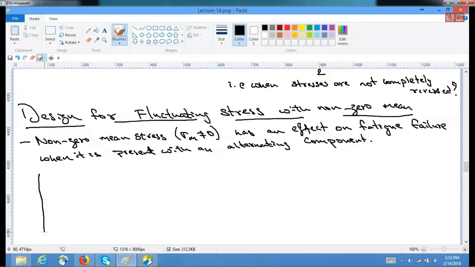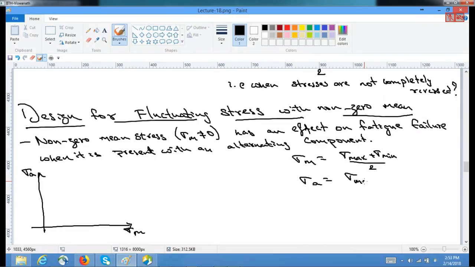So if we plot sigma A and sigma M, where sigma M is equal to (sigma max plus sigma min) by 2 and sigma A, the amplitude, is (sigma max minus sigma min) by 2. Now if this is an endurance limit SE and this is the origin, 0, then there is no failure.